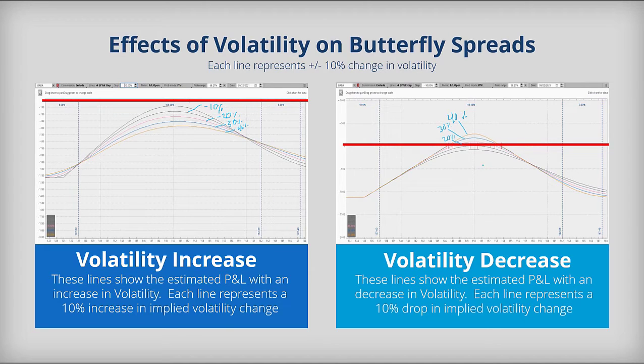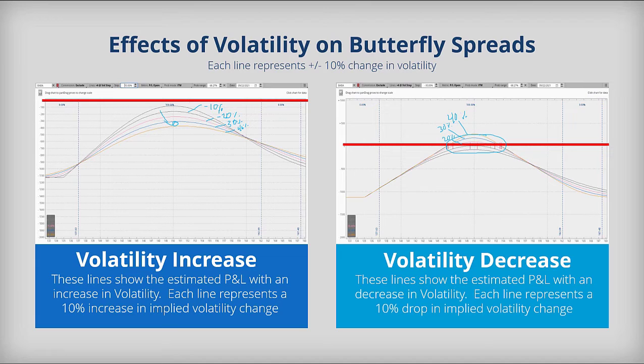And you can see it's going to affect it somewhere between plus $200 or minus $200. And in a worst case scenario, we get down to about minus $450. So we have this effect of volatility. It looks like anywhere from plus 200 to negative 400 is the effect on volatility.